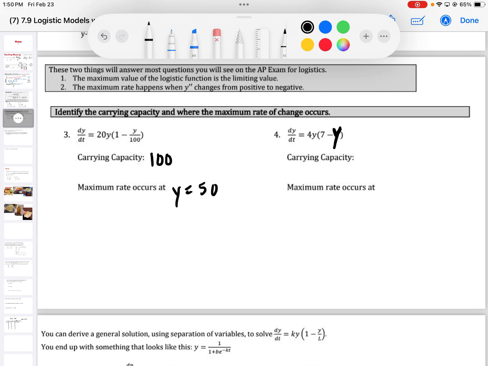Be specific, it's when y is 50. We haven't talked about how to find the t number at that point, but we will. The carrying capacity for number 4 is 7. The maximum rate occurs when y is 3.5. Make sure you add that. The y is 3.5. This is not t.